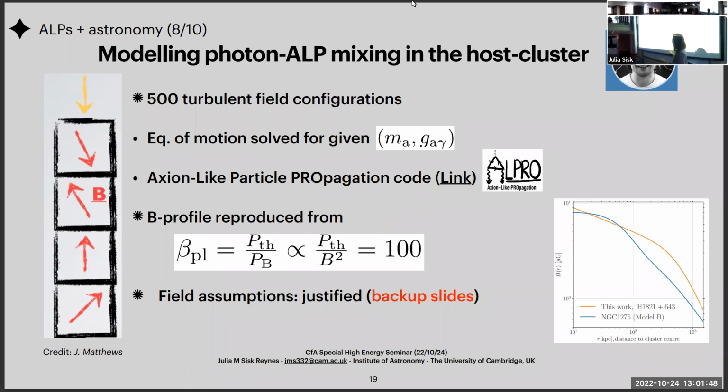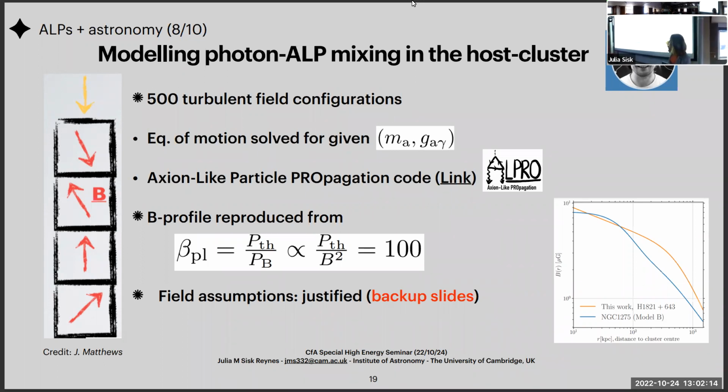This was following what Reynolds 2020 had done for NGC1275. In each of these cells, we allow the direction of the field to be set independently and randomly, and the magnetic field strength was set from our predictions for the magnetic field profile.